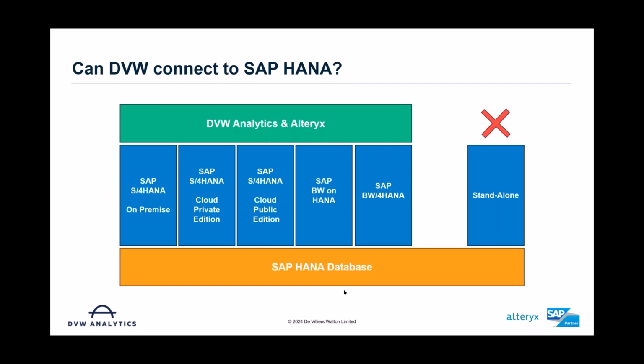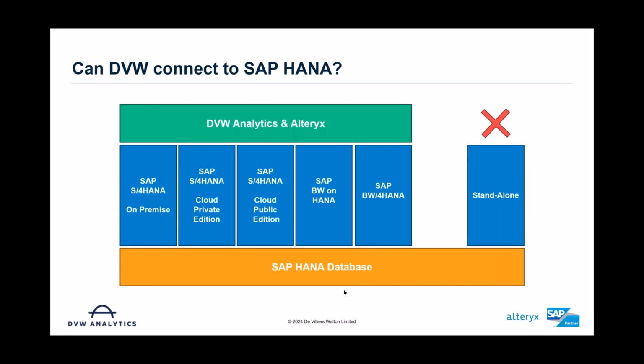Cloud Public Edition is an interesting one, and this is really targeted at SMEs. Now, in SAP terminology, SMEs are still quite large organizations, but the Cloud Public Edition, imagine, is like a Cloud Private Edition with a bit of a wrapper around it, which means that certain extensibilities are not possible and certain functionality may be a little bit restrictive.